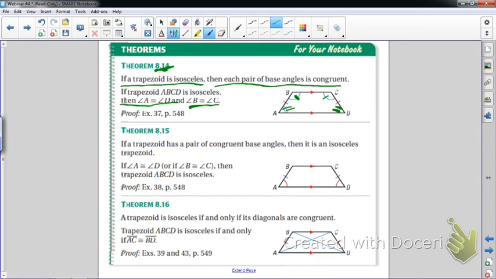Okay, I'm going to go to 8.15. It says if a trapezoid has a pair of congruent base angles, then it is an isosceles trapezoid.